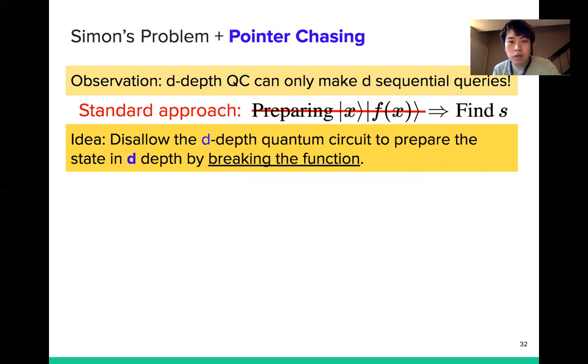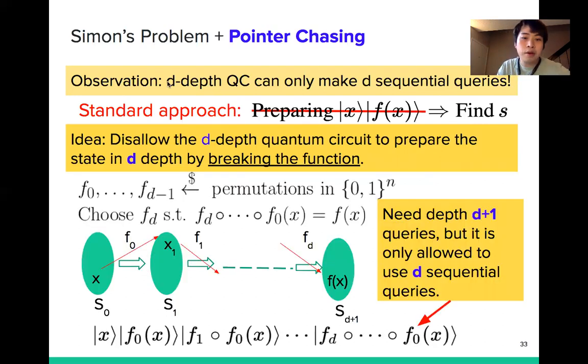What I mean is that we first generate some random permutations f_0 to f_{d-1}. So there are d random permutations on {0,1}^n, and then we choose some f_d such that f_d(f_{d-1}(...f_0(x))) is equal to f(x).